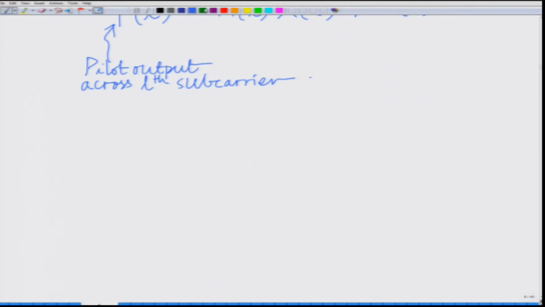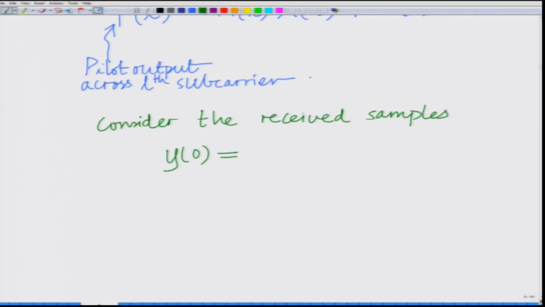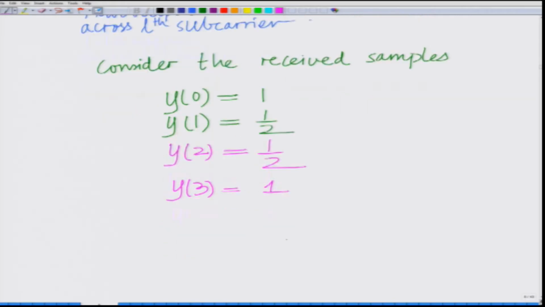Now, how to generate these pilot outputs? Let us say we consider the received samples. Let us say the received samples are y0 equals 1, y1 equals half, y2 equals half and y3 equals 1. Let us say we are considering this simple example of the received samples.